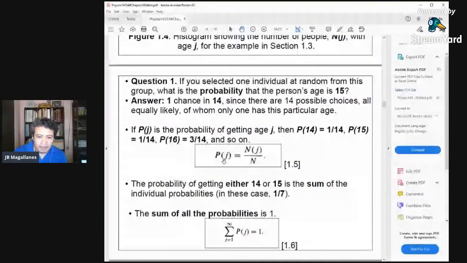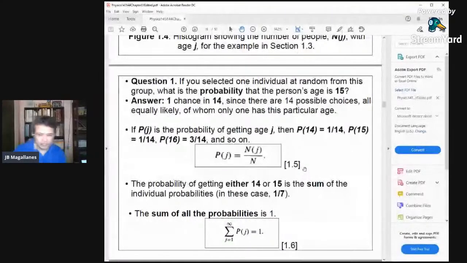And Pj is just equal to Nj over the total number of persons. This is the number of persons with age j, and this is the total number of persons of all ages in the room. So that's the probability. Remember, you have more equations to remember.